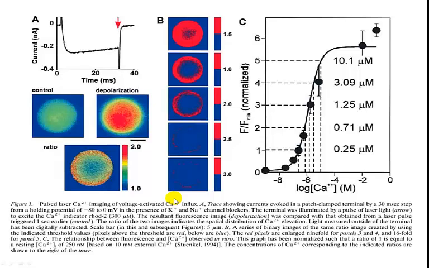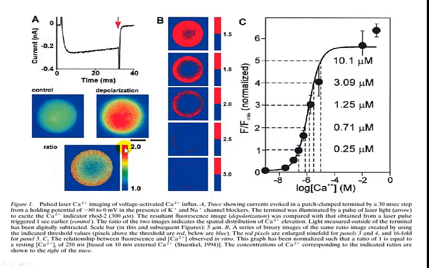In this case, it is a calcium sensitive tracer that will generate fluorescent signal. And what they are doing is converting the intensity of that fluorescent signal based upon a ratio, right?